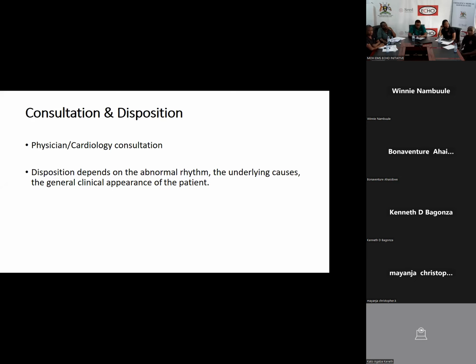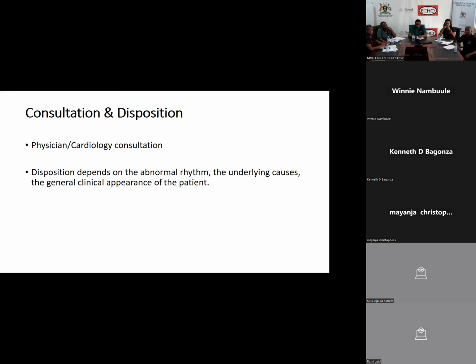Now, rhythms like AFib, if there's an underlying structural problem, like in rheumatic heart disease or valvular heart disease, those are patients, even when you terminate the AFib, they will quickly go back into AFib. Some of them, you can even shock them, but they will never get out of the AFib, and you can get quite frustrated. So we need to think about other modes of management.